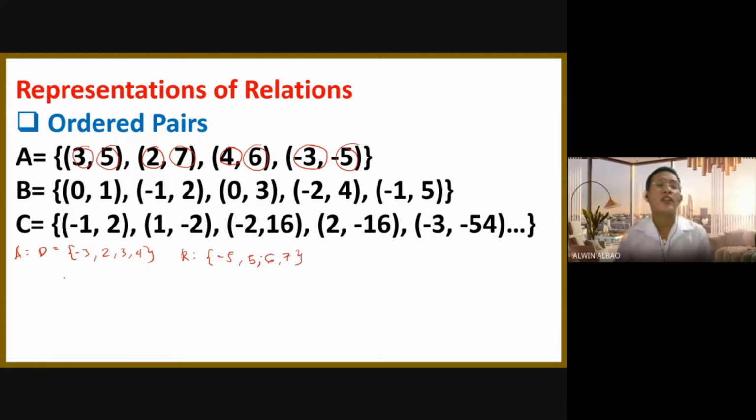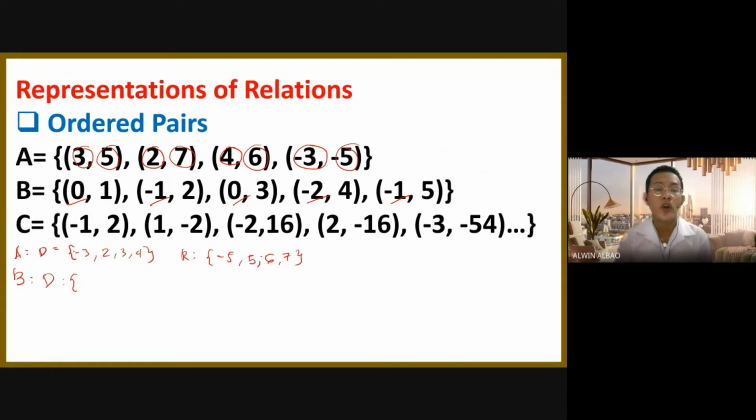Okay, so for set A, we have domain negative 3, 2, 3, and 4. For range, we have negative 5, 5, 6, 7. For set B, the domains are 0, negative 1, 0, negative 2, and negative 1. If we notice, we have a repeated value there, so we will just write it once.